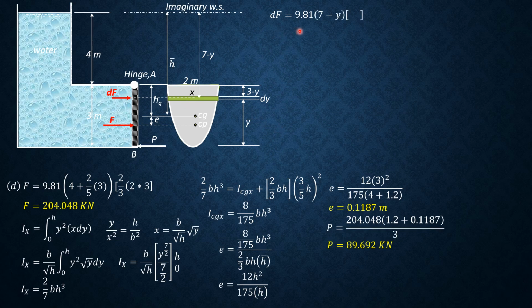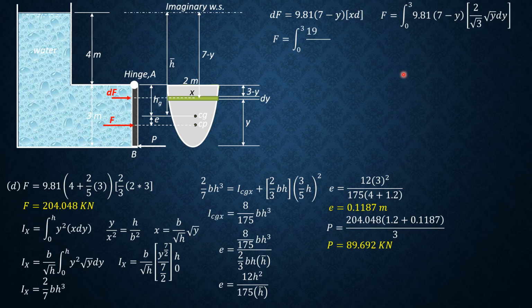So dF is 9.81, 7 minus y, then x dy. Substituting the value of x, which is b over square root of h, which is 2 over square root of 3, times square root of y, F is the integral from 0 to 3 of 9.81, 7 minus y, times 2 over square root of 3, square root of y, dy.